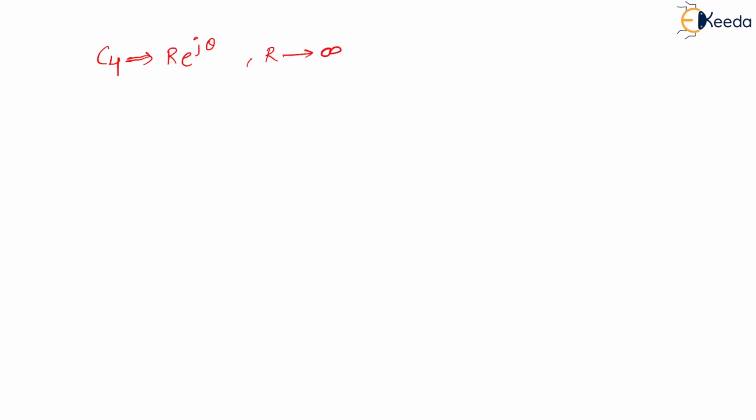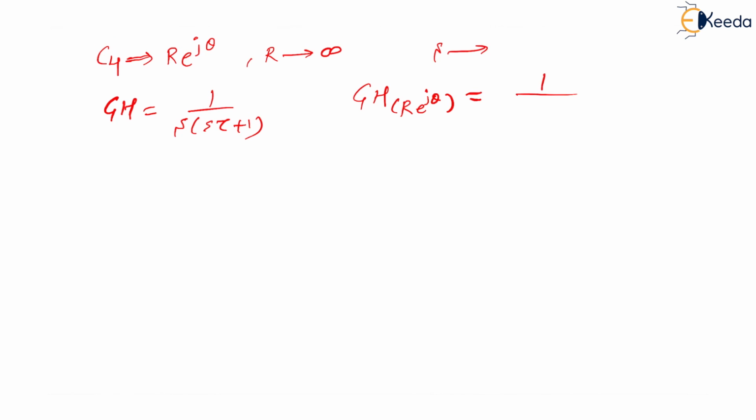Similarly, we have GH equal to 1 upon S into S tau plus 1, so you have to find GH of R into e to the power j theta, which means you put S as r into e to the power j theta. What I get is 1 upon r into e to the power j theta multiplied by r into e to the power j theta into tau plus 1. Is that right?